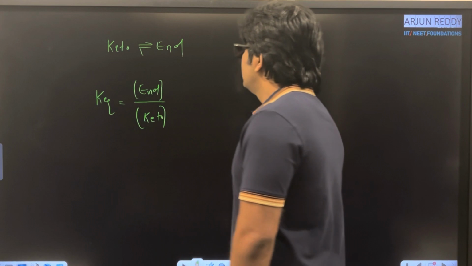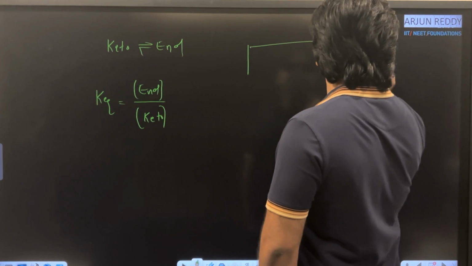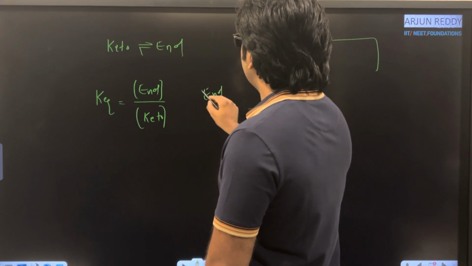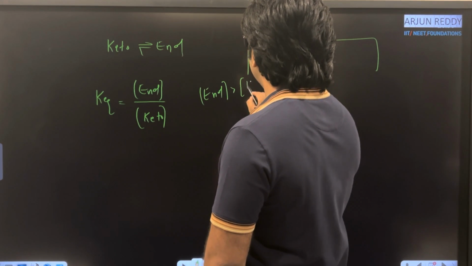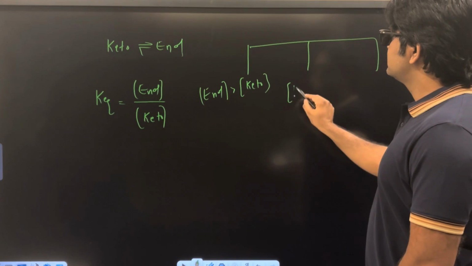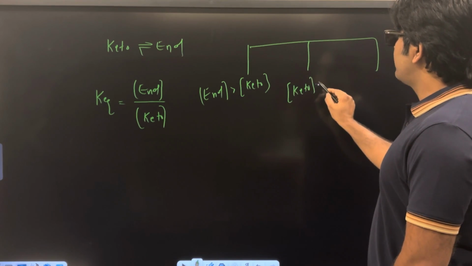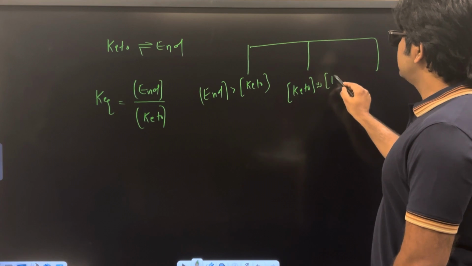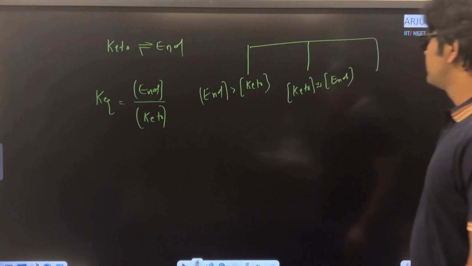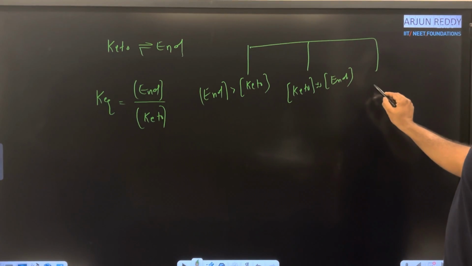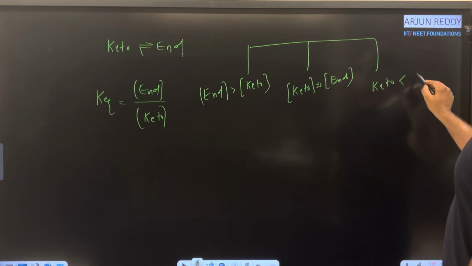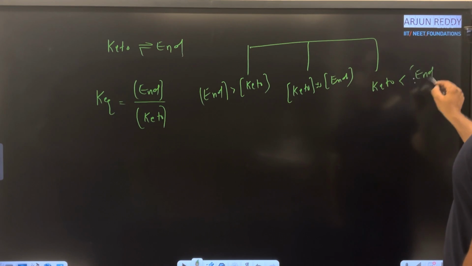Now here three cases are there. For example, at equilibrium, the concentration of enol is greater than the concentration of keto; or the concentration of keto approximately equals the concentration of enol form; or the concentration of keto is greater than the concentration of enol form.